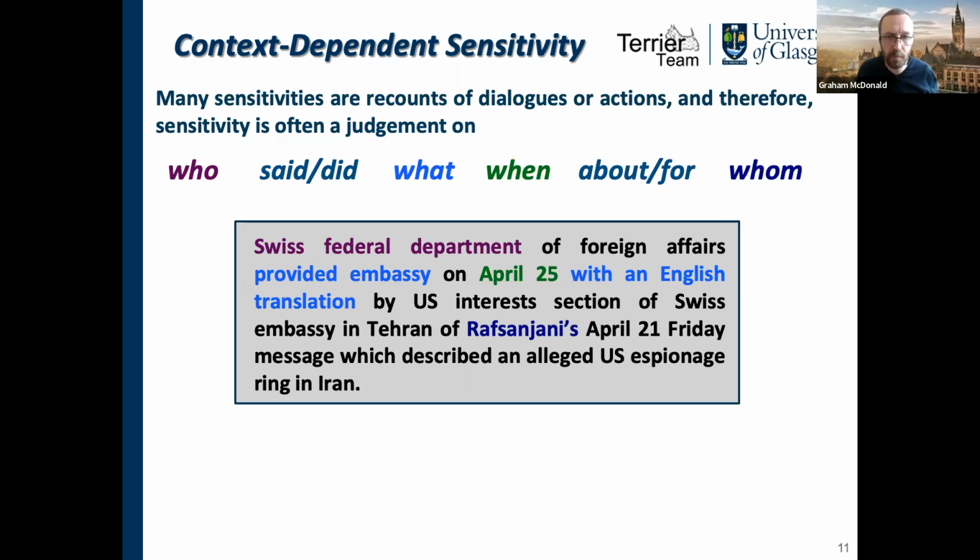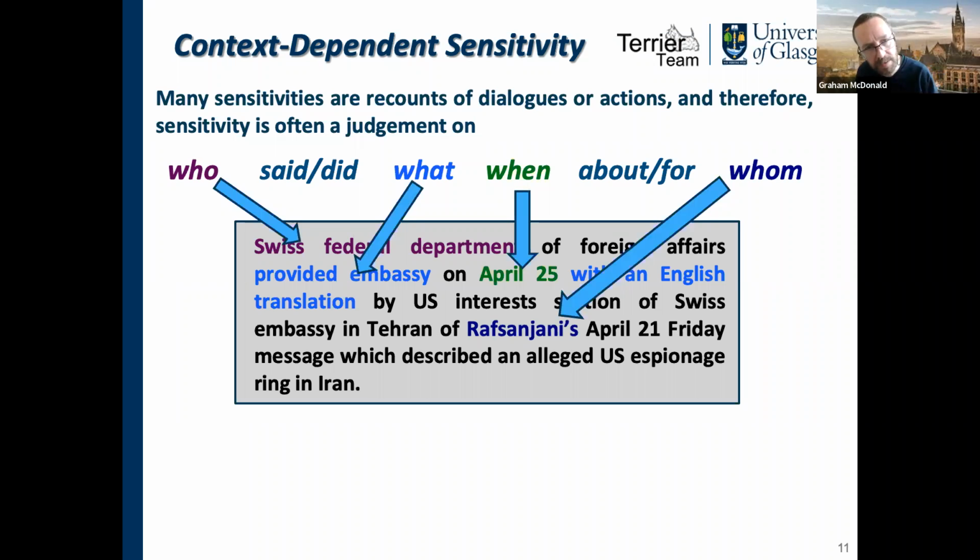But often before reviewing a collection of documents, we do not know which text is likely to be sensitive. In this example, we can see that it's the combination of who said it, what they said, when they said it, and who they were talking about, that putting all this information together makes this made up example a piece of sensitive text.